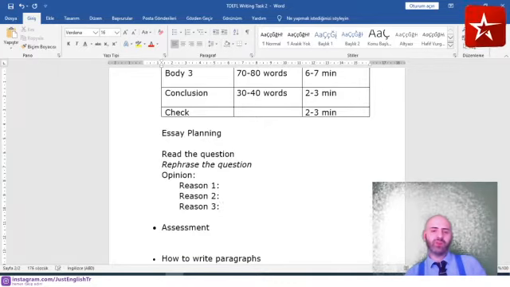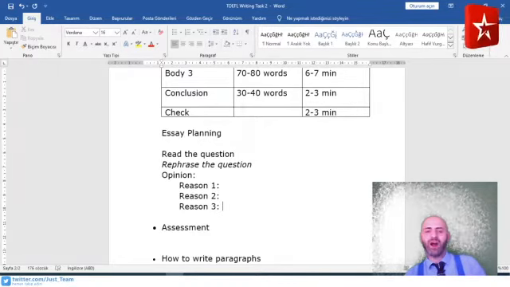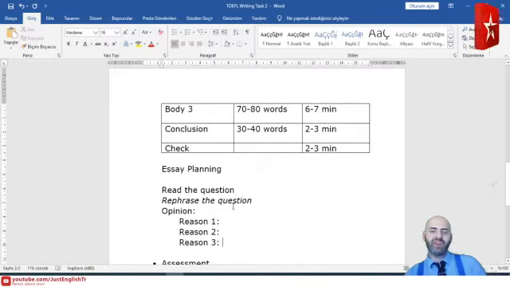You need to come up with minimum 3 reasons before you start writing. Why? Because your body paragraph 1 will be about reason 1, body paragraph 2 will be about reason 2, and body paragraph 3 will be about reason 3. So you need to have 3 good reasons before you start writing.